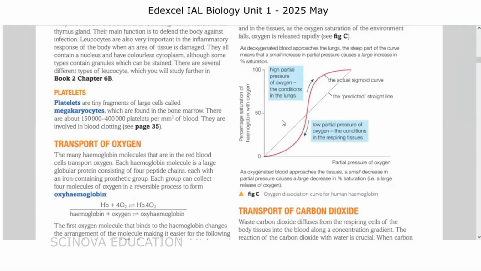If the oxygen binding with hemoglobin is happening just like a normal, simple chemical reaction, we expect the saturation of hemoglobin with oxygen to be a linear positive correlation with the partial pressure of oxygen, as this predicted straight line.